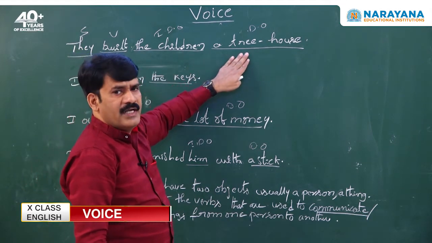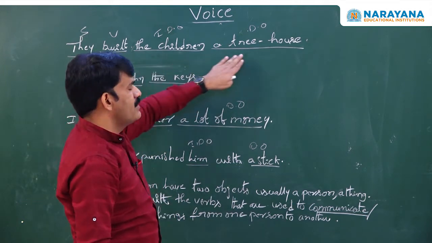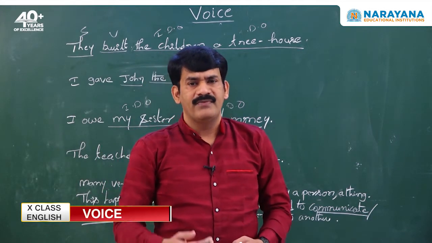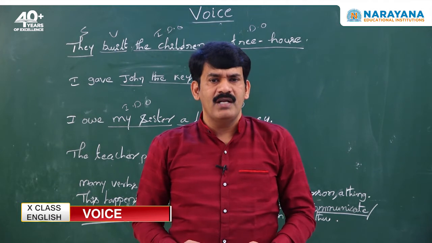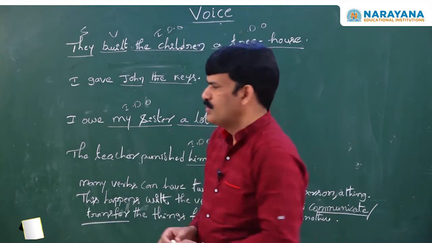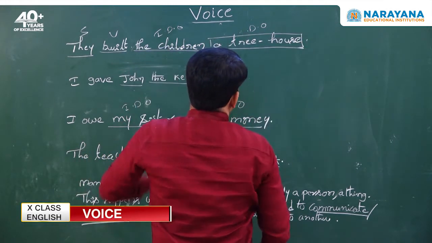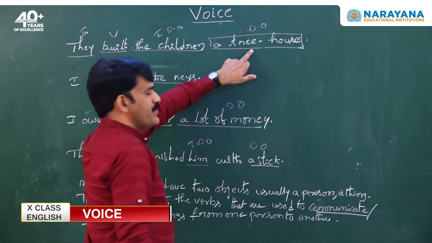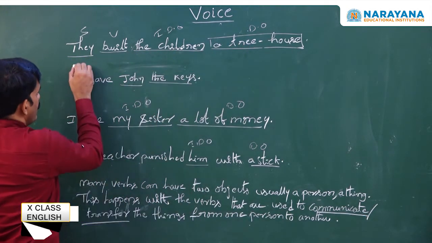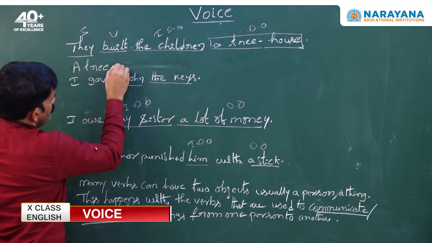The speciality when we are talking about this sentence is a tree house. So we are giving importance to the tree house. That is the reason why you have to take the direct object as the passive voice subject. Then how do you write a tree house? A tree house.